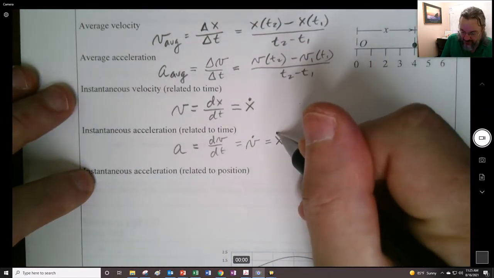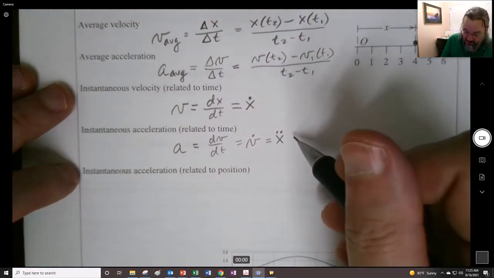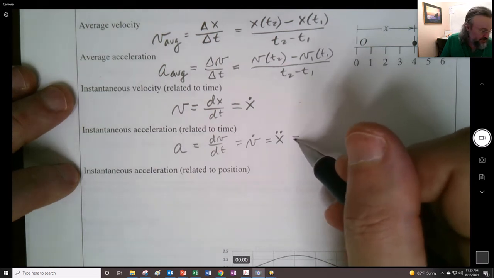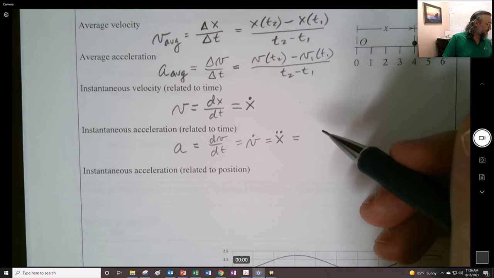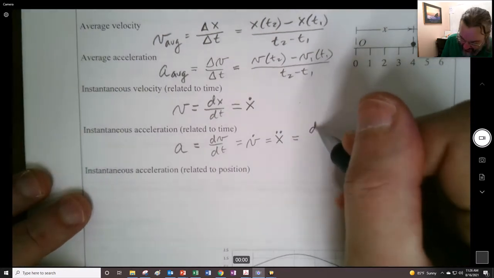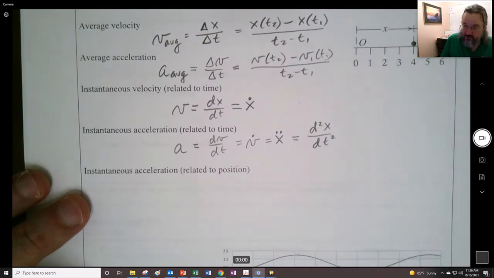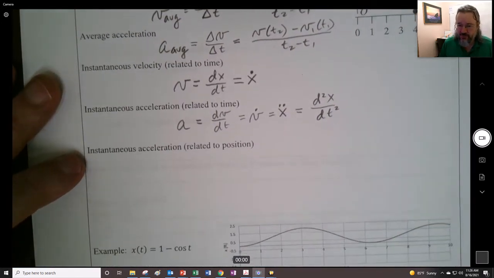We'll say x double dot, the second derivative of position with respect to time, which we want to remember.